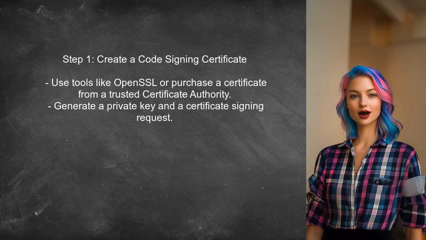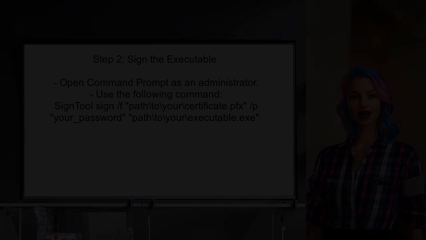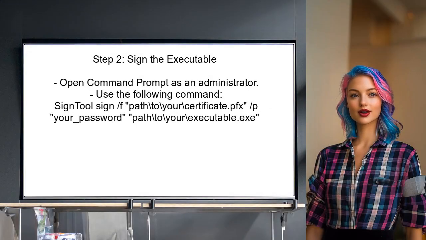To address the issue with Windows Defender, the user should first create a code signing certificate. This certificate will help establish the identity of the publisher. Next, the user needs to sign their executable file using the created certificate. This can be done with a tool called SignTool, which is included in the Windows SDK.